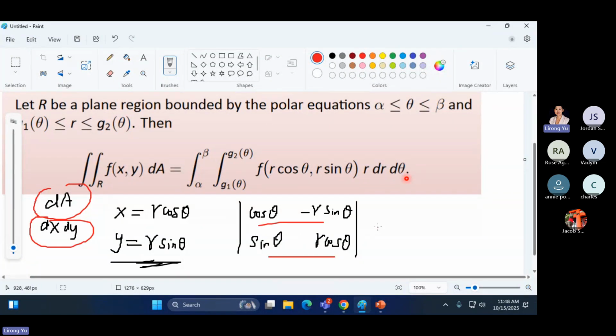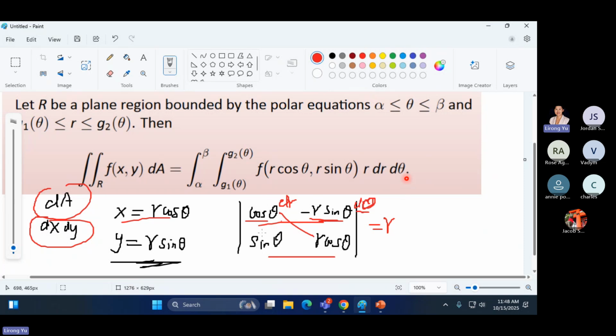So the determinant of this would equal, you cross multiply. Here dx is the partial derivative with respect to r times dr, plus the partial derivative with respect to theta times d theta.